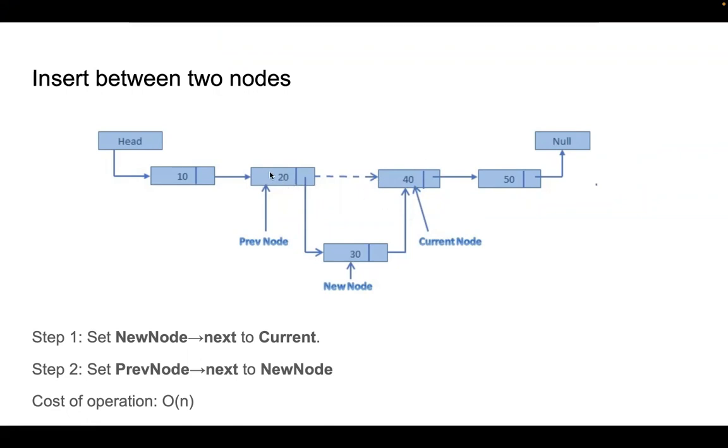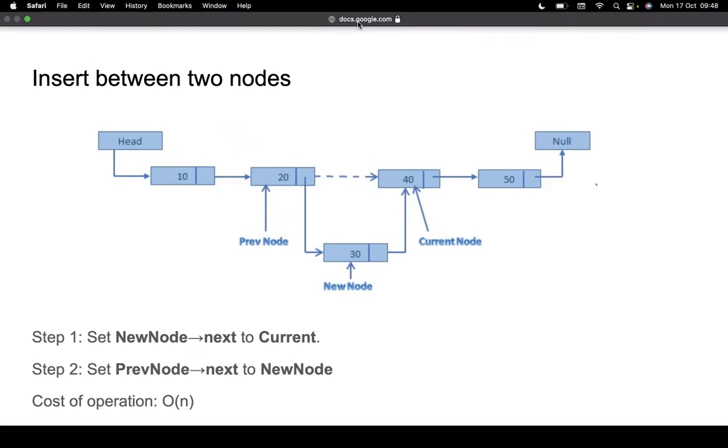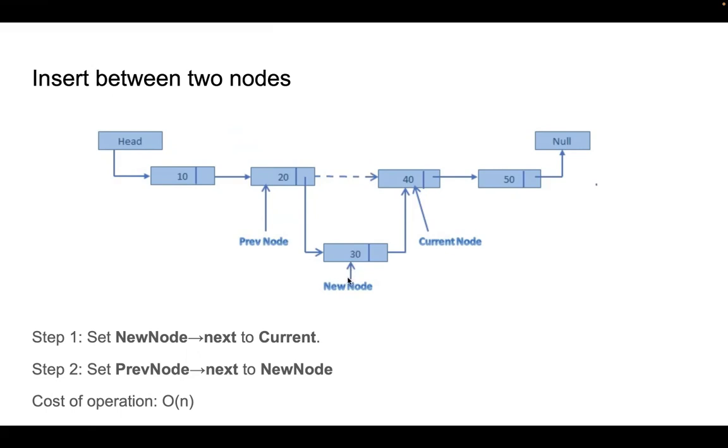You can connect first the previous node to the new node, and the new node's next to the current. But if you're not using a previous node, if you're using only the current node, you have to be really careful. First, you have to connect the new node to the current.